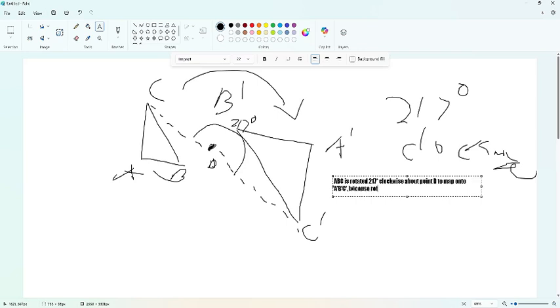Because rotations are rigid motions, as everything else was, ABC is congruent to A prime, B prime, C prime.